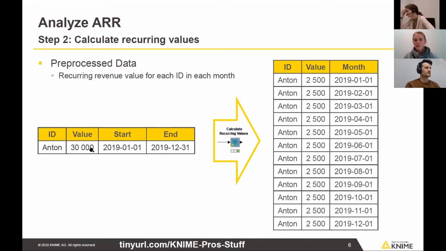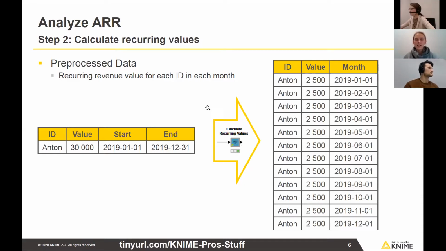Then what happens to the value column? The value of the contract is 30K in this case, but it's split now to the months within the contract period. So split by or divided by 12 in this case. As you can see, for this operation we already have one verified component. So it's this calculate recurring values. At this point, we now have the revenue value by month and by ID in the output table.